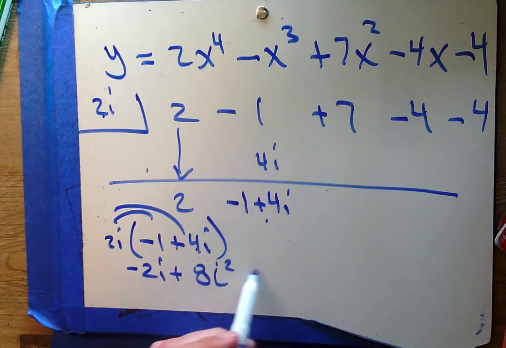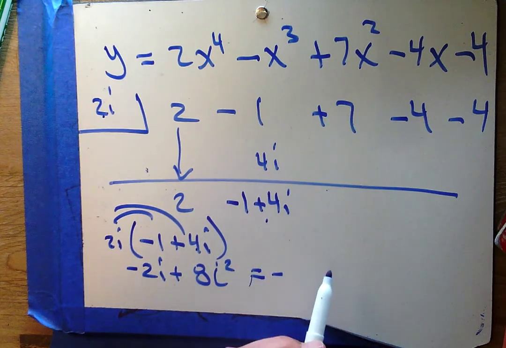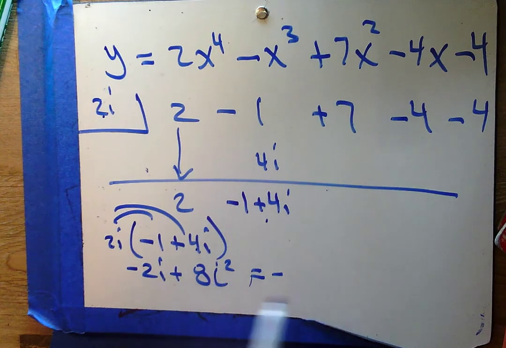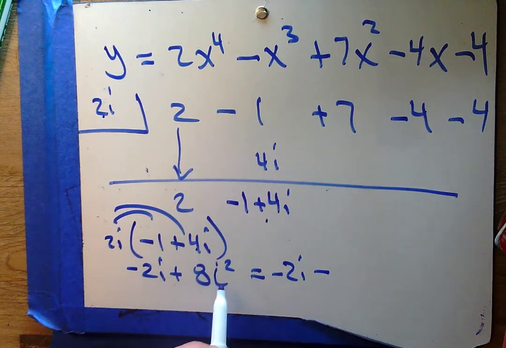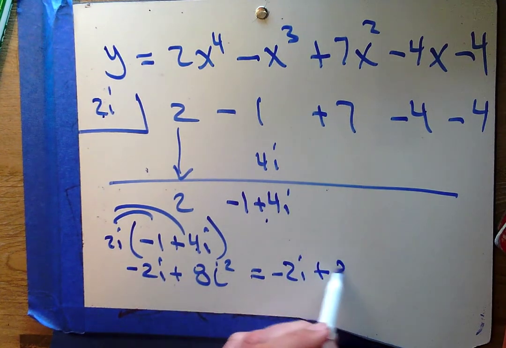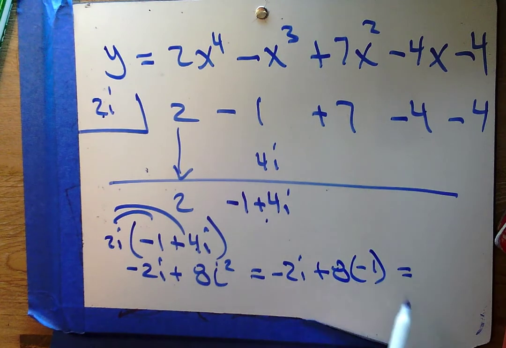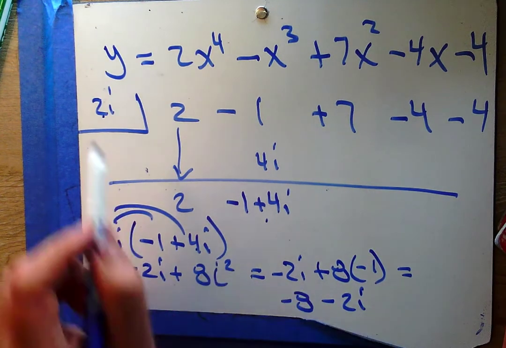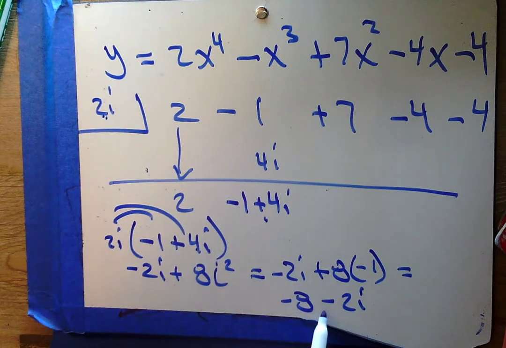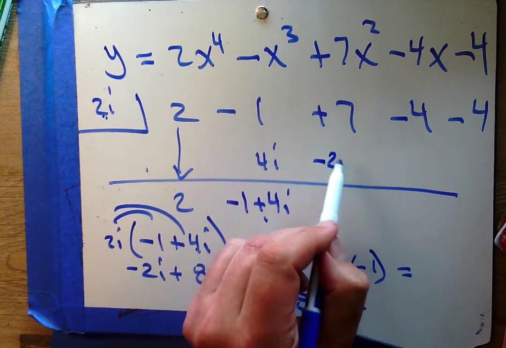Remember, i squared, in the last video, we said i squared was negative 1. So I get this minus, this plus 8 times negative 1, or negative 8 minus 2i. So when I multiply this times this, I get negative 8 plus 2i.